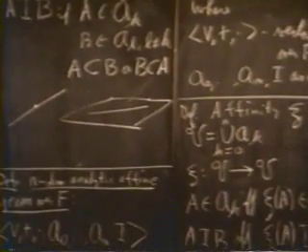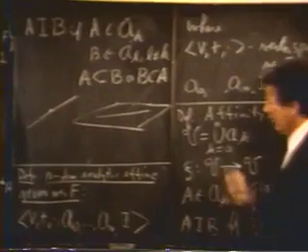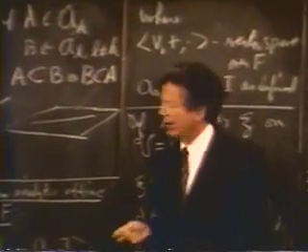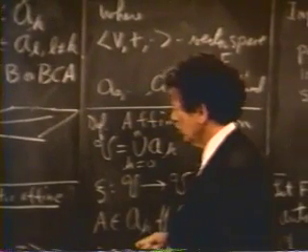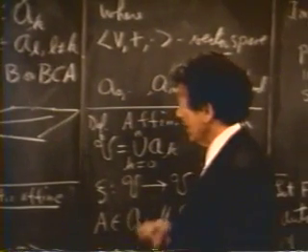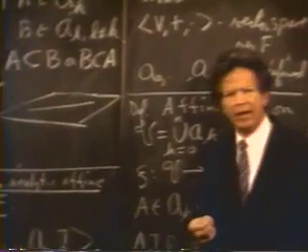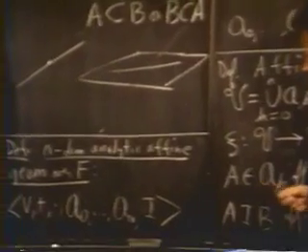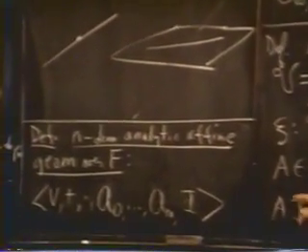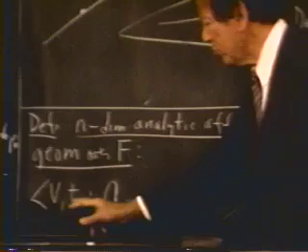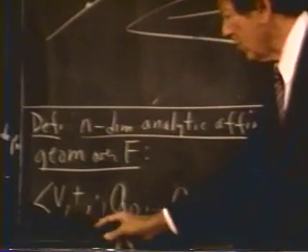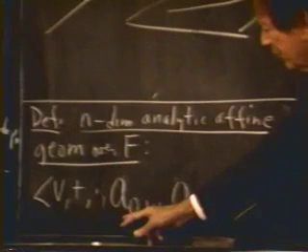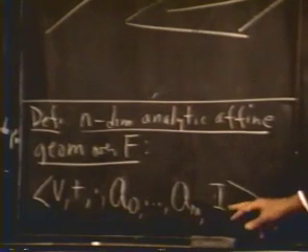We are now in a position, with the notion of variety and the notion of the relation of incidence added to our characterization of vector spaces, to define what we mean by an n-dimensional analytic affine geometry over a field F. Such a geometry is just a structure V plus addition and multiplication, and then the varieties of different dimensions, A sub 0 to A sub n, and the incidence relation.